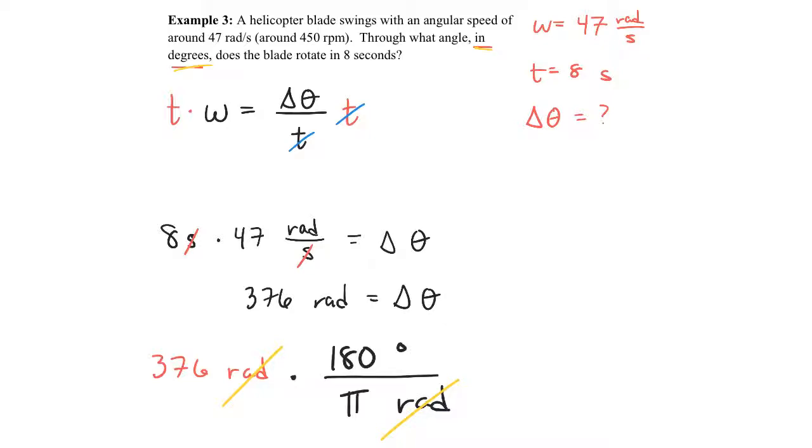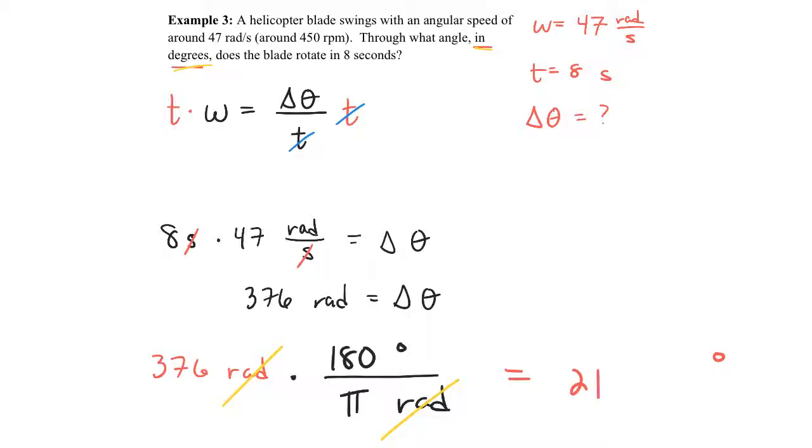Cross them off. What do I get in degrees? It's a huge number, right? And think about why it's a huge number. It's a helicopter spinning. It's going to make a lot of revolutions. So how many degrees are swept out? You forgot to divide by pi.